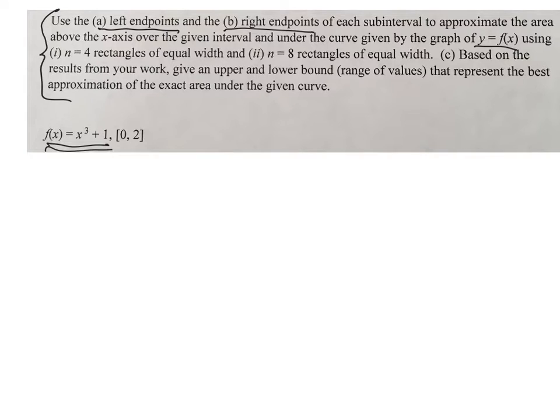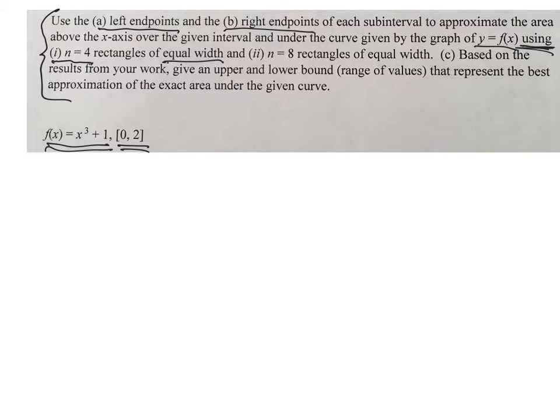So this is going to be the graph that we're going to deal with over the interval from x equals 0 to x equals 2. And we're going to estimate this in a few different ways. First of all, we'll use 4 rectangles of equal width.